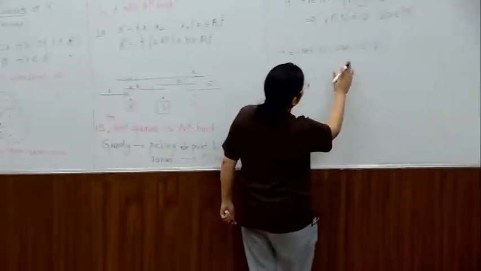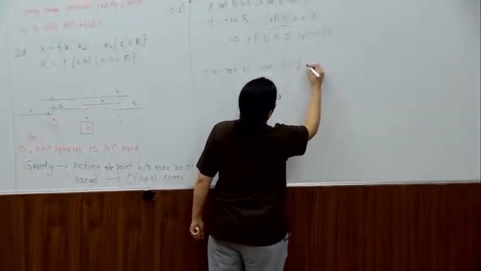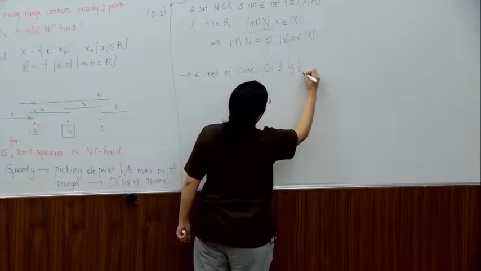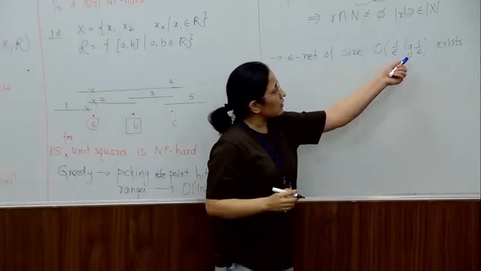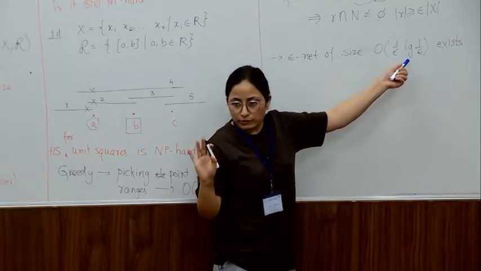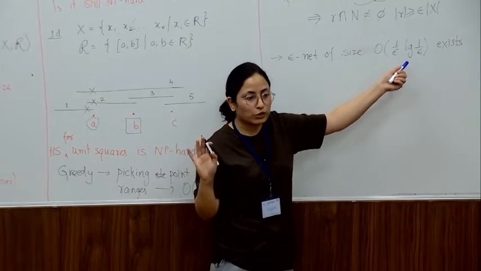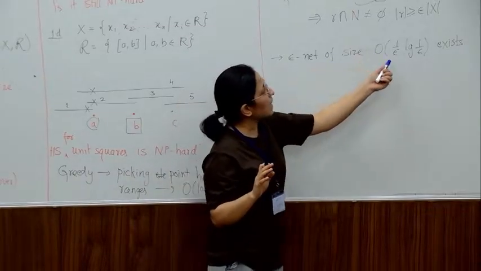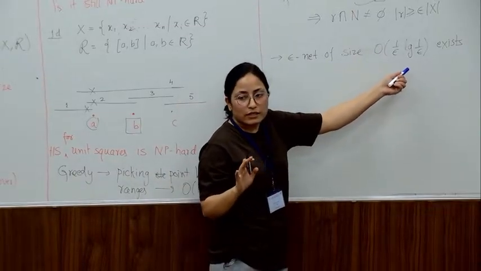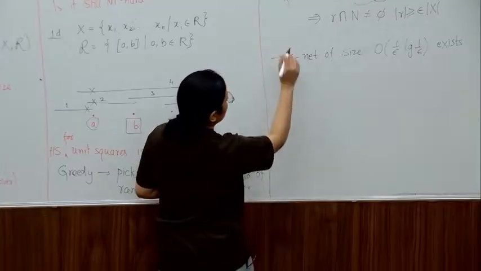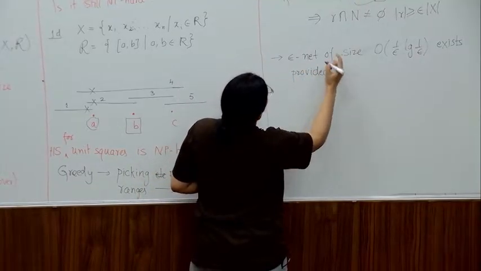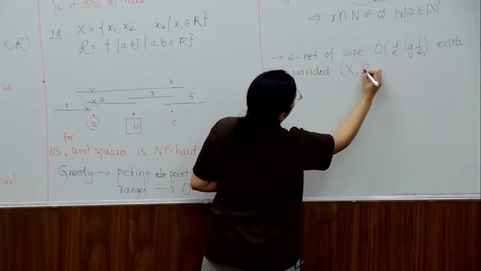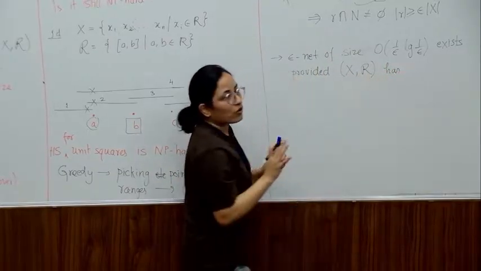So an epsilon net of this size exists. Note that the size of this epsilon net is independent of the size of the input. The input family can be huge, but we can always guarantee an epsilon net of constant size, independent of n, provided this range space has nice combinatorial structure.